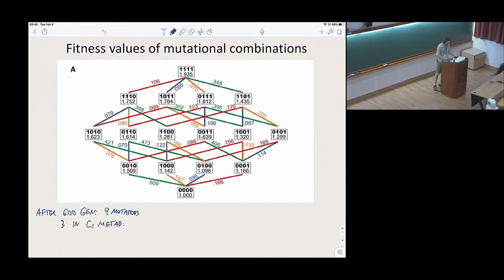And these were, I'll just leave it at 3 in C1 metabolism. And then there were 6 others. We do know something about some of those, but we lumped those together as one allele.